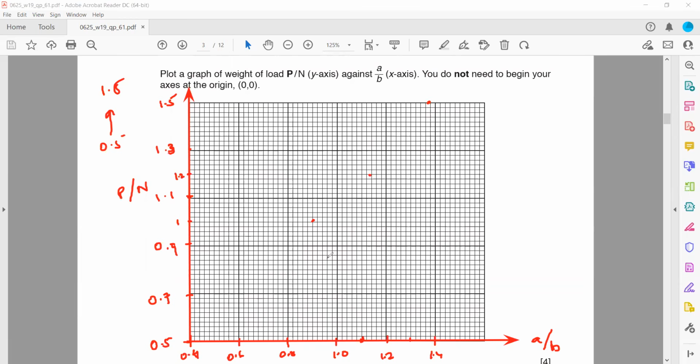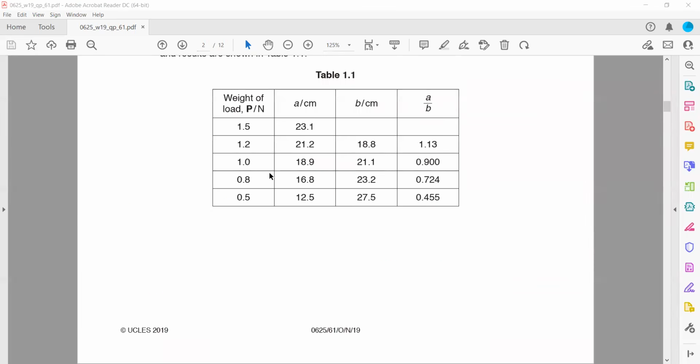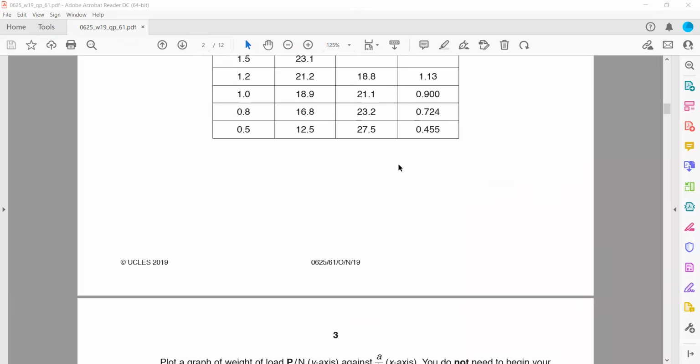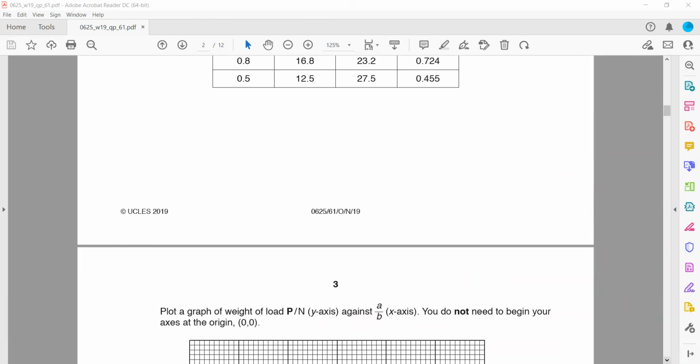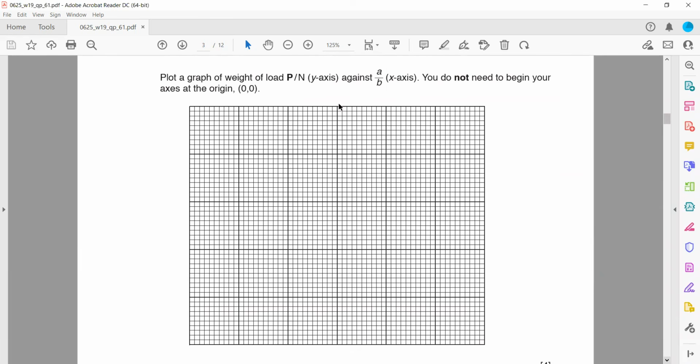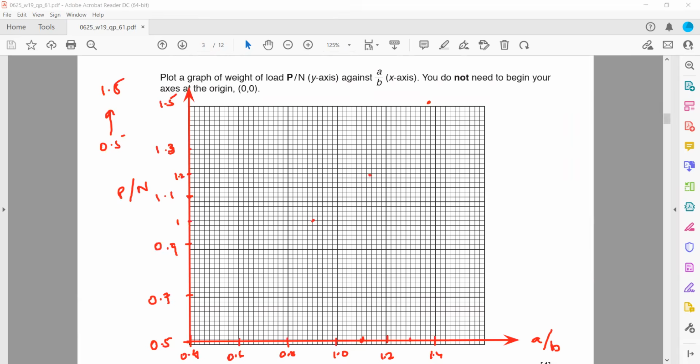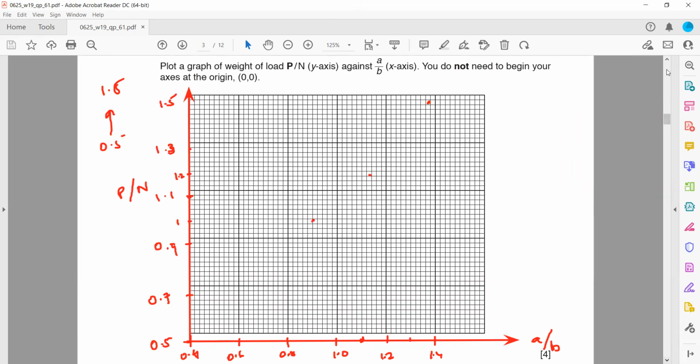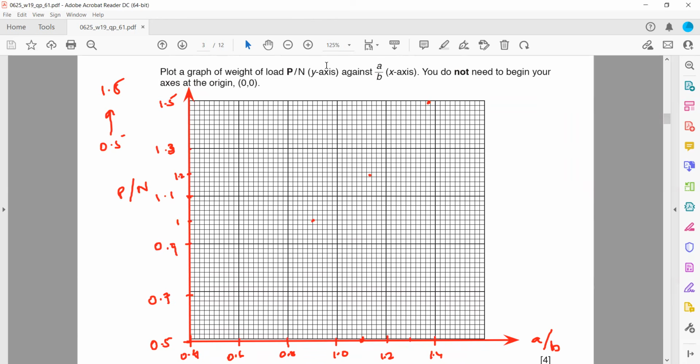One and 0.9, and after that we have 0.8 and 0.72. So 0.8 will be this one, and 0.72.